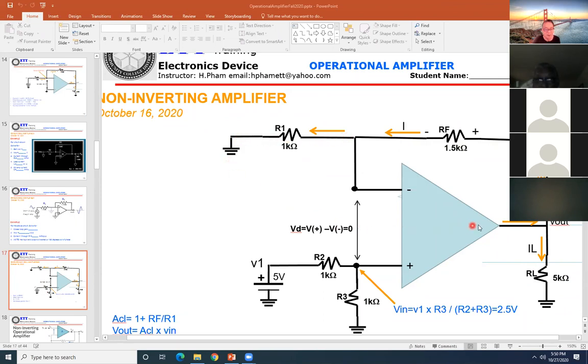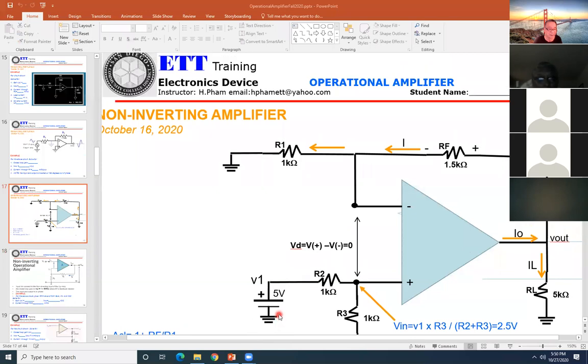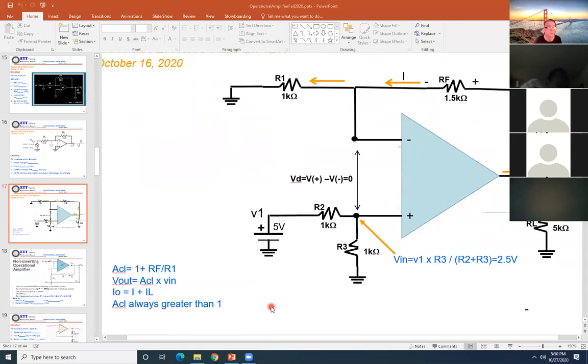So V out will be equal to the voltage drop across RF plus across R1. Okay, so that's how you can calculate V out. After V out, you can calculate IL. Take V out divided by the load to get IL.